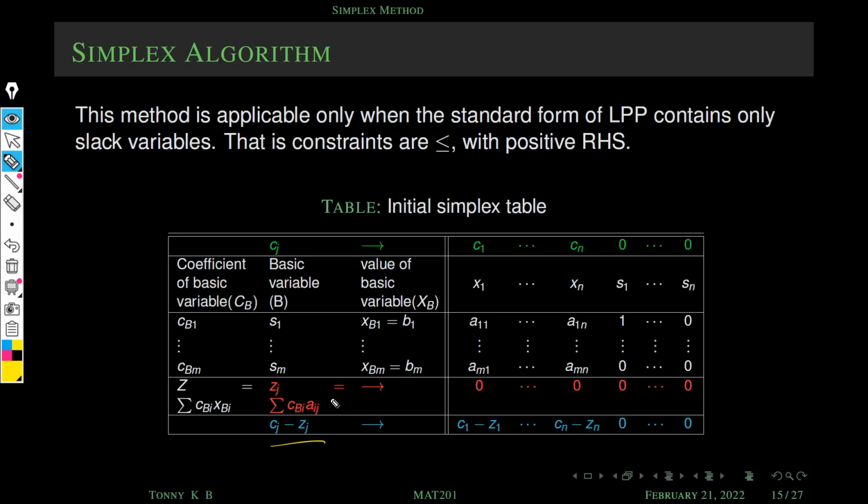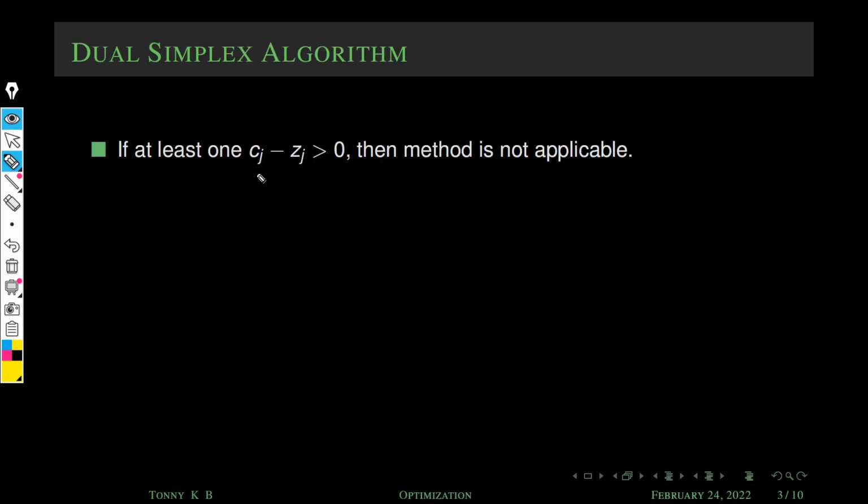They are all similar to our simplex algorithm; we are already familiar with Zj and Cj minus Zj. They are the same in the dual simplex method. What is Zj? You take the first cost times the corresponding first element, plus the second cost times the corresponding second element, and so on. That's why it is sigma CBi aij. So if at least one Cj minus Zj is positive, then this method is not applicable.